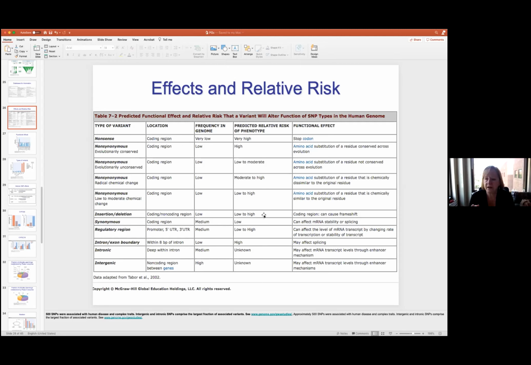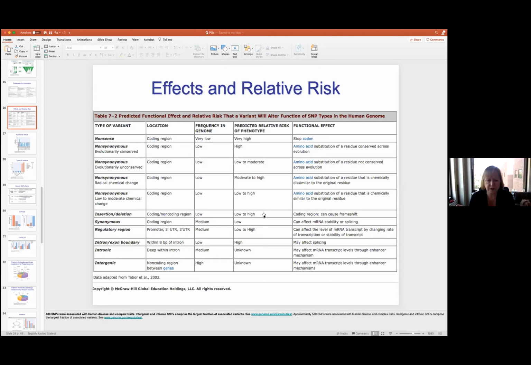Okay, because the whole idea of an open reading frame is that until the transcript is completed that you need for encoding that protein, there are no other stop codons. But if you end up causing a frame shift, you're going to have a problem.